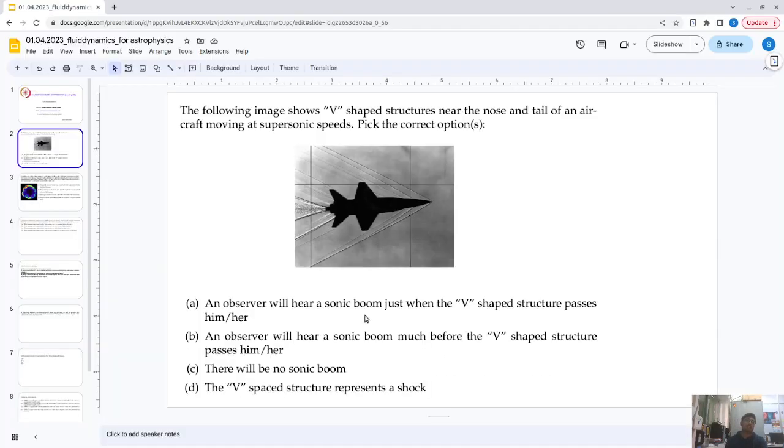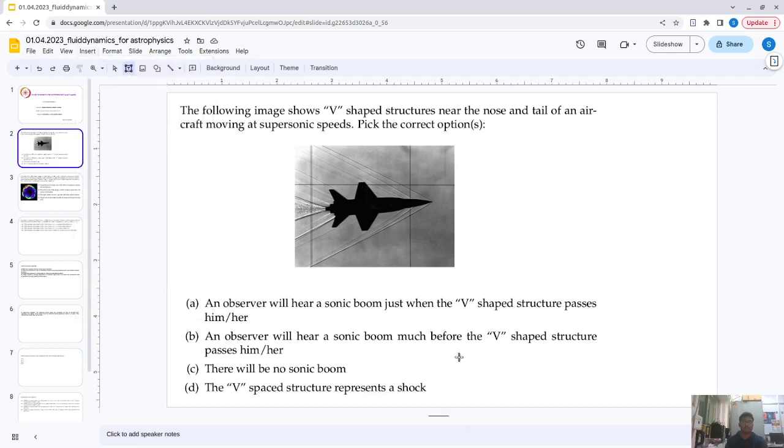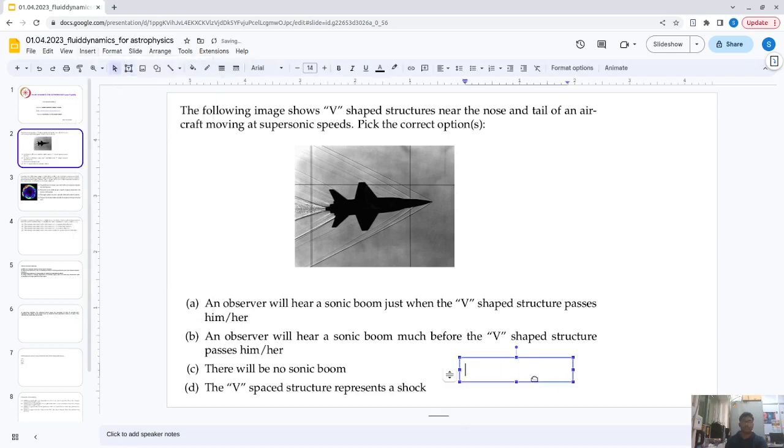Okay, so just give me a second. So this is also A, and then this is D. Okay, so this will be the answer for this question.